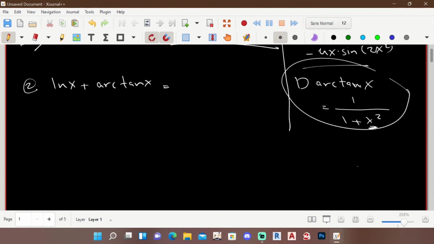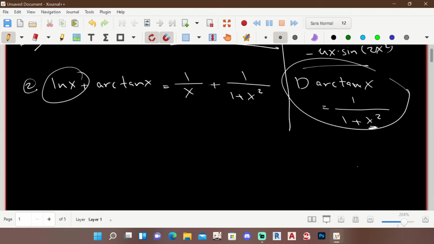And then ln x, the derivative of ln x is a fraction of 1 over x, and plus this one we wrote there, so we can just bring it here, and that is it. Another thing to keep in mind is the ln x derivative.